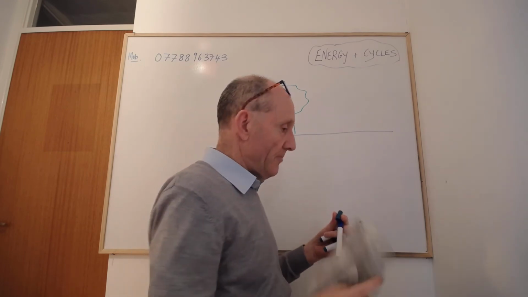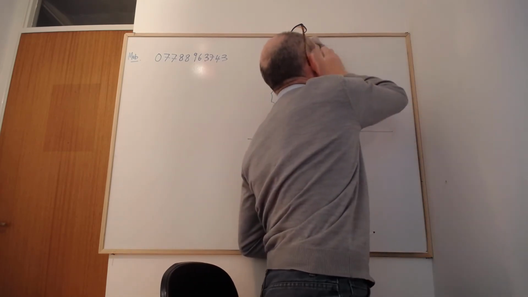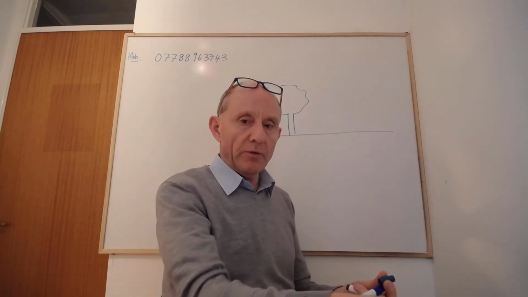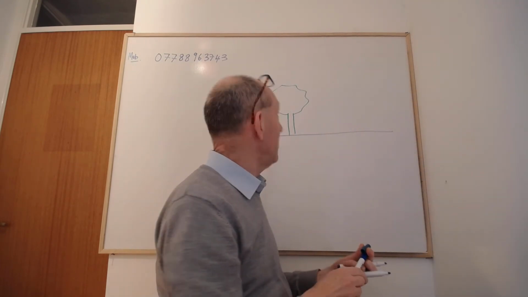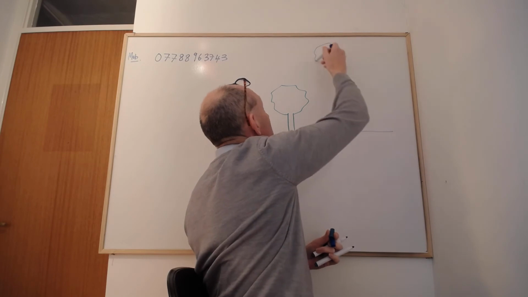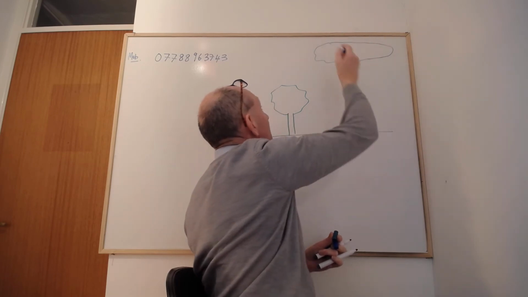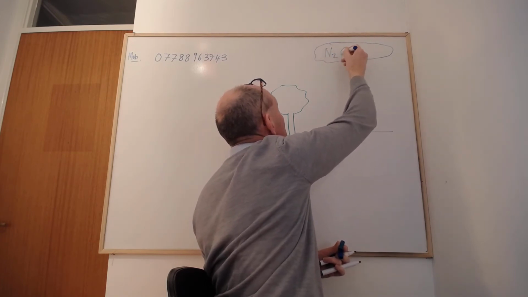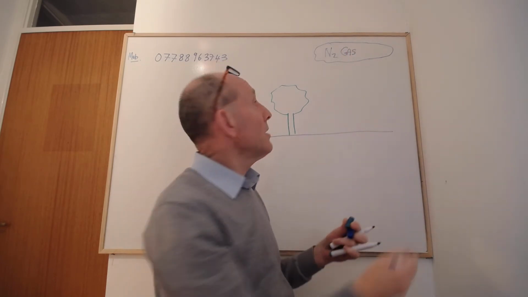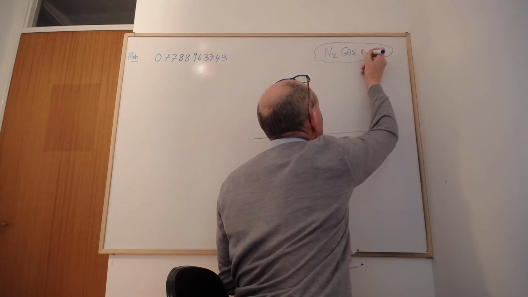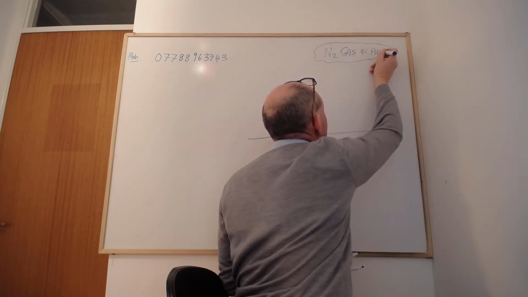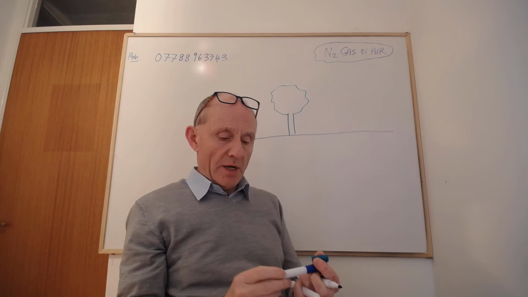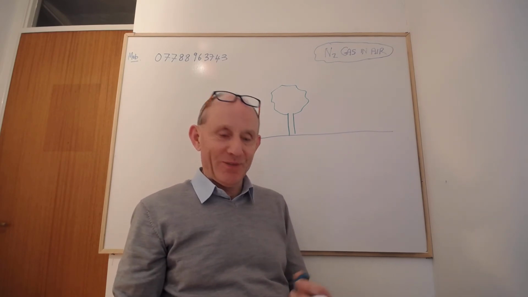And this time I'm going to get rid of our diagram, and up there at the top I'm going to pop a cloud, and that's going to represent nitrogen gas. I'm going to say N2 gas, nitrogen gas in the air. Really, I wanted to write in the atmosphere, but I can't squeeze in the atmosphere.